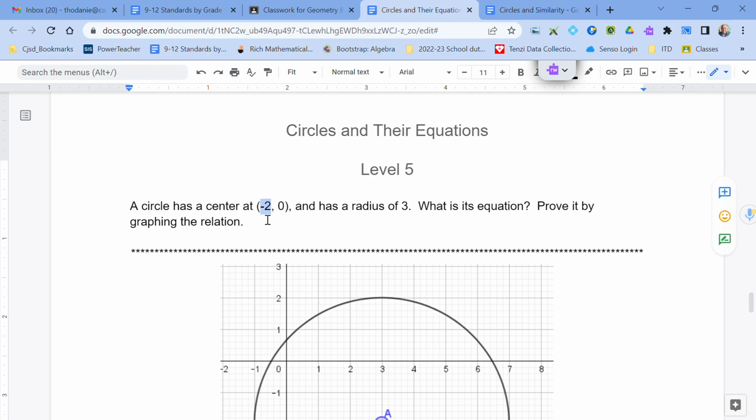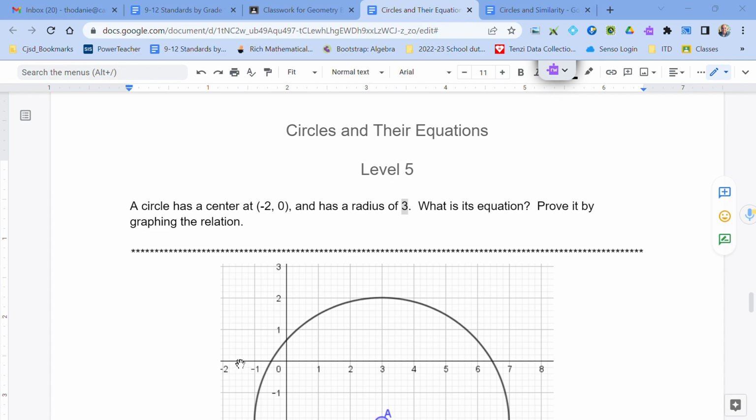That's my h value. The y value of the center is 0, so this is h, and this is k, and this is r. So I can go back to this formula. Wherever I see h and k and r, I'm going to plug in -2, 0, and 3. So let's try it. Here I go.